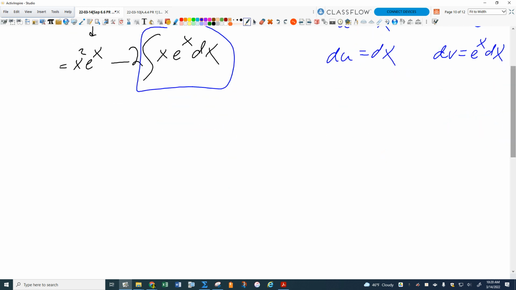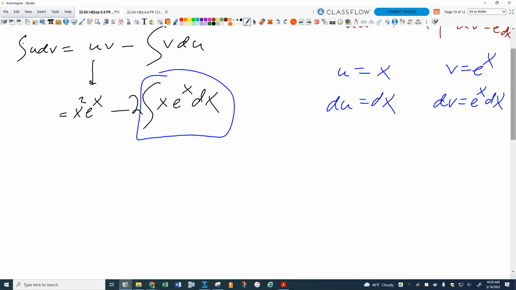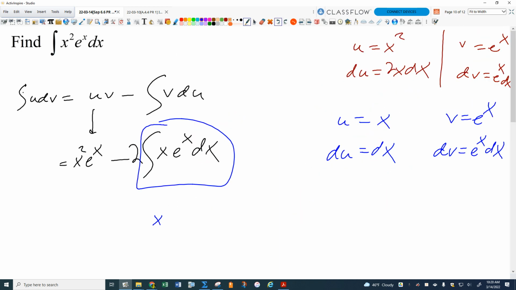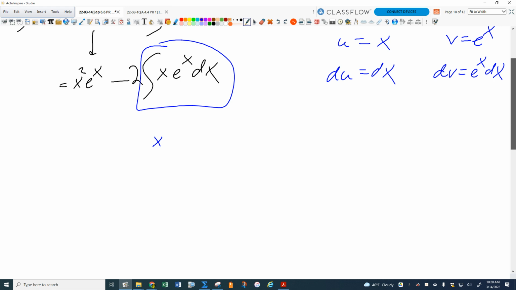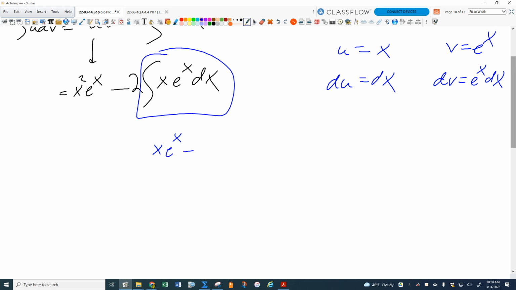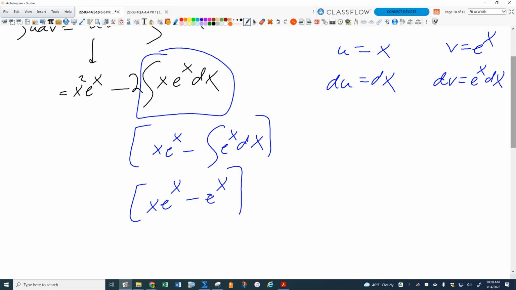Everything in the blue box just becomes x e to the x minus the integral of e to the x dx, right? That's my blue box. Put it in brackets, which is equal to x e to the x minus e to the x plus c, right?